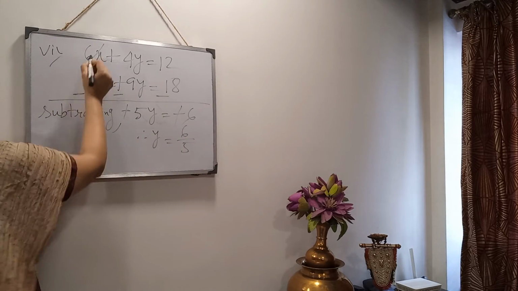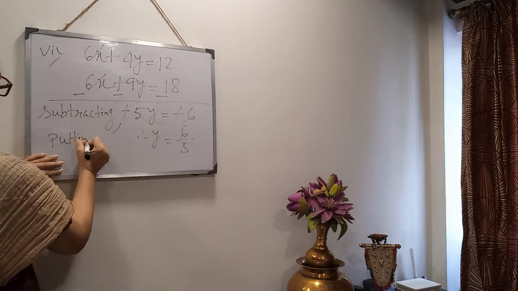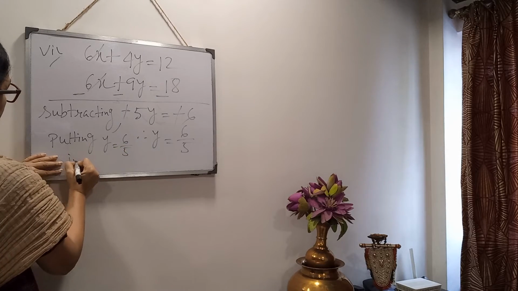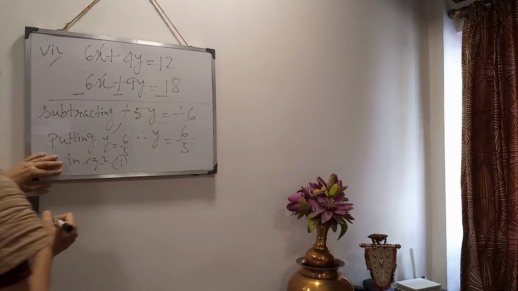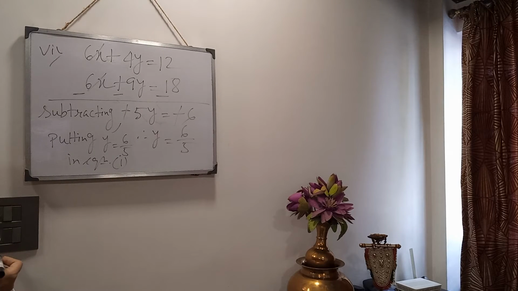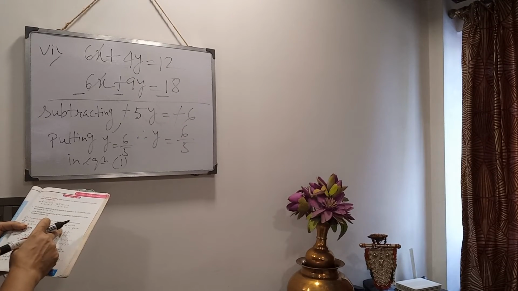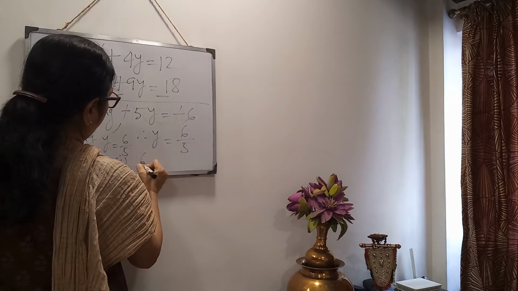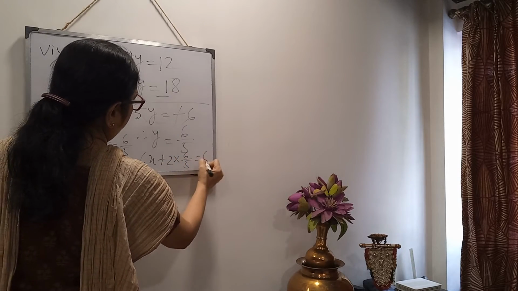Now this value I will put in any one of the equations. Putting y equals 6 by 5 in equation 1. What is my equation 1? I have rubbed that off. Okay, I am seeing. Equation 1 is coming 6x plus 2y equals 6.